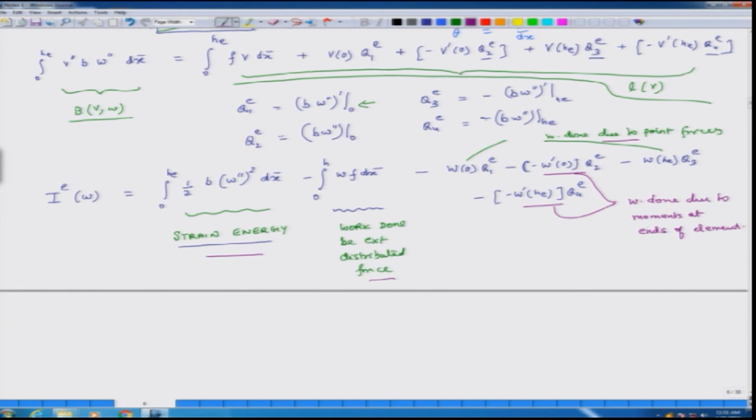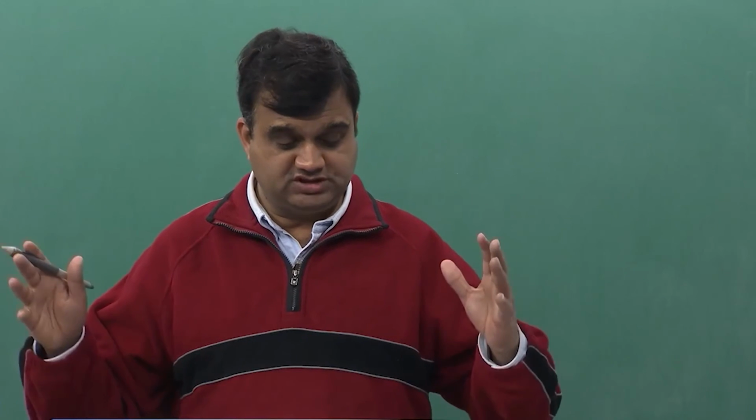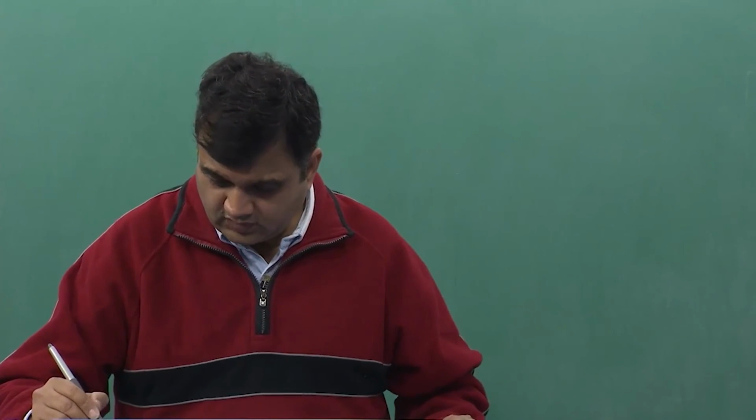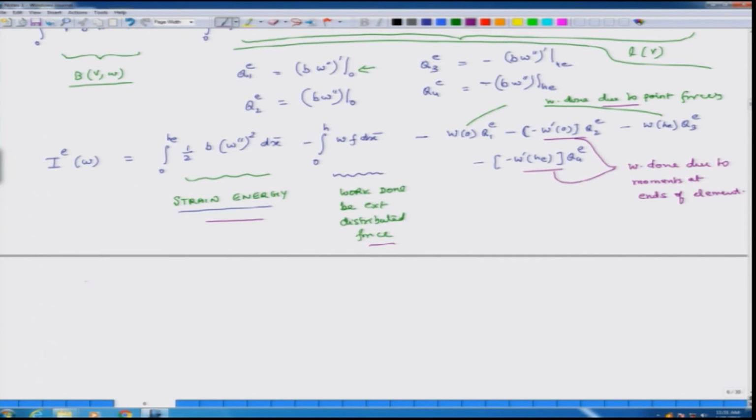So this is strain energy, this is the work stored in the system, and these are all work done by external forces. So if you add them up, this is the total potential energy of the system. And then if I take its variation, and if the system is in equilibrium, then the variation of this has to be equal to 0.